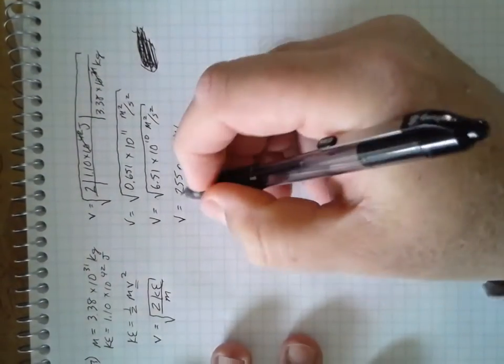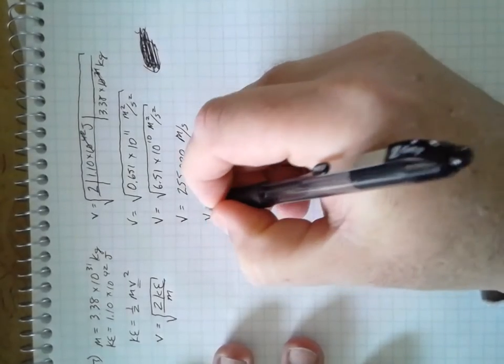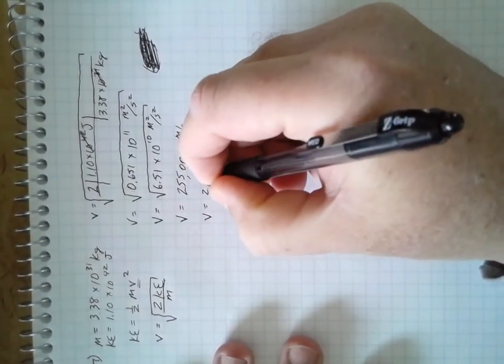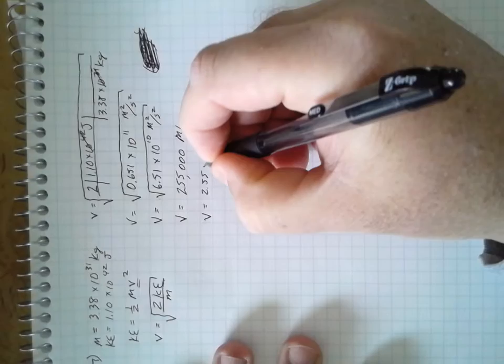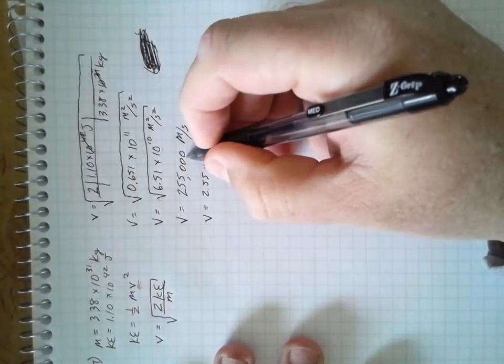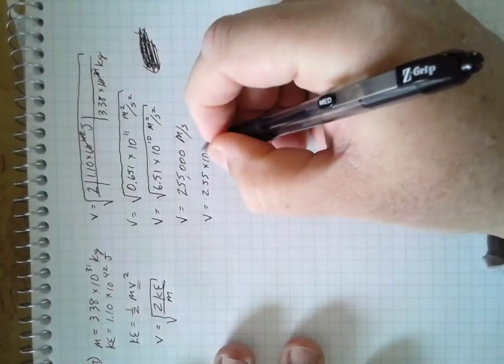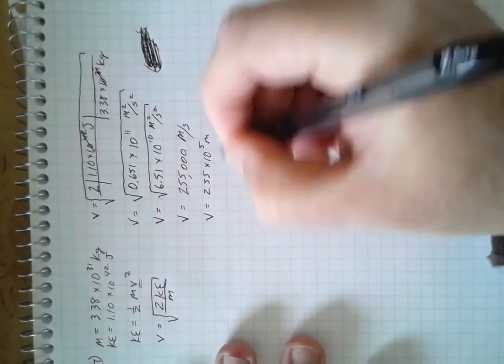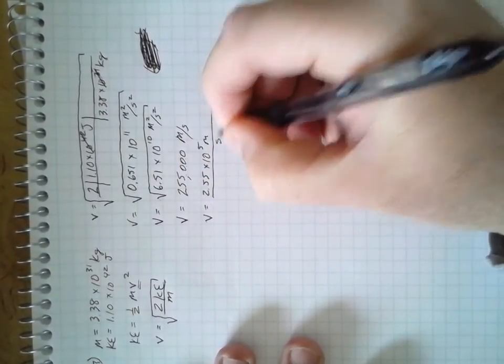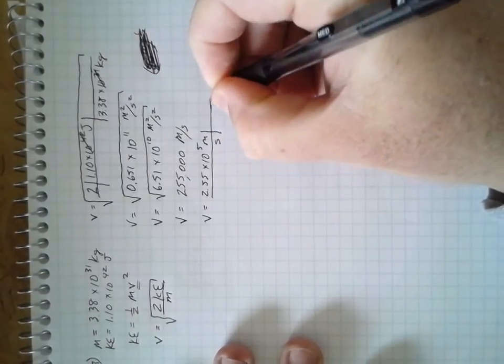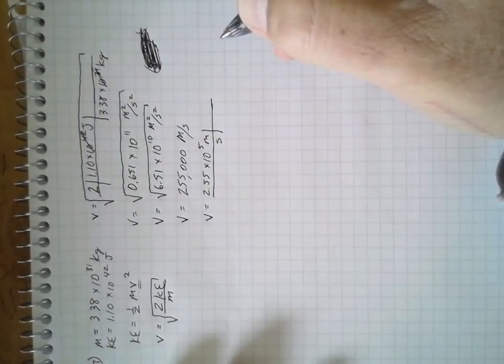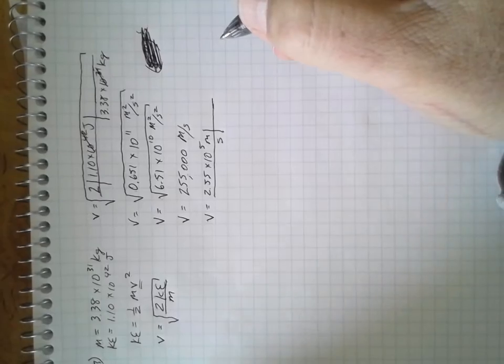Now I'm going to put it into scientific notation: 2.55 times 10 to the 5 meters per second.